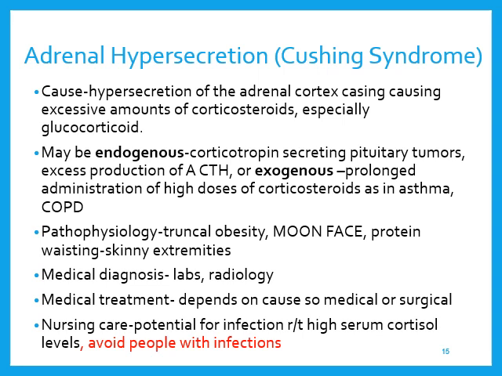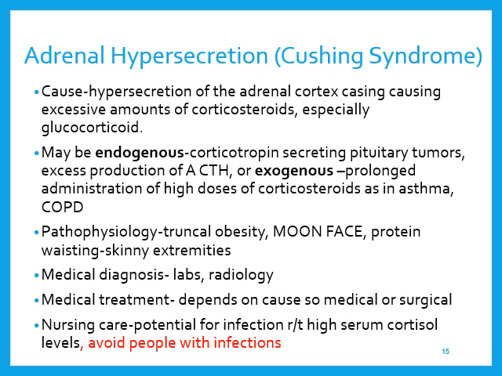All right, so hypersecretion now. We have a hypersecretion of the adrenal cortex called Cushing's syndrome. Excess amounts of steroids, especially the glucocorticoid. They may be endogenous. And what does endogenous mean? Well, that means it's within you.